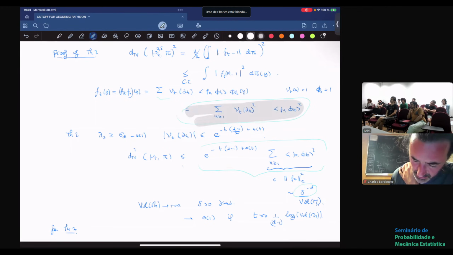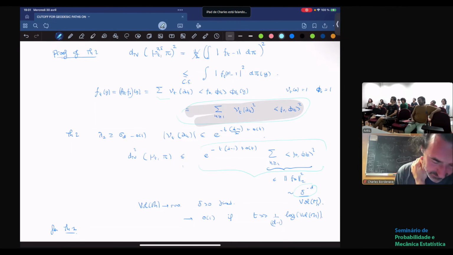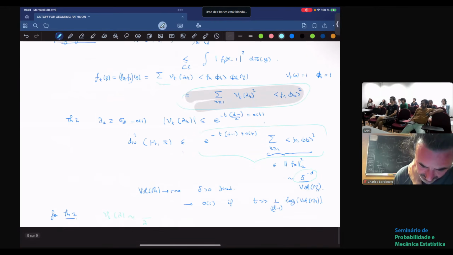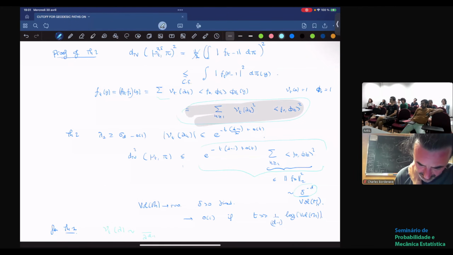Okay, this expression, you divide this sum for given values of k, and you will use the fact that nu t of lambda, you really need to use that nu t of lambda dk like lambda power d minus 1 exponential times d minus 1 over 2 when lambda is large.